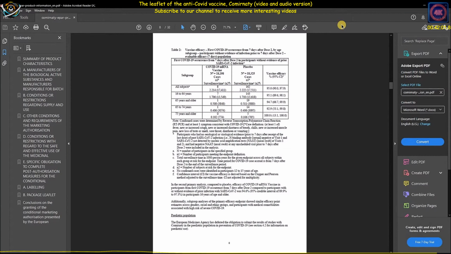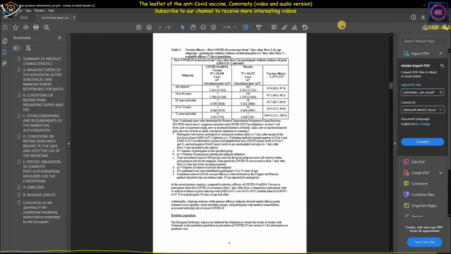D: N2 equals number of subjects at risk for the endpoint. E: No confirmed cases were identified in participants 12 to 15 years of age. F: Confidence interval, CI, for vaccine efficacy is derived based on the Clopper and Pearson method adjusted to the surveillance time. CI not adjusted for multiplicity.